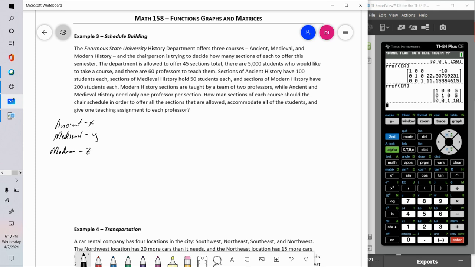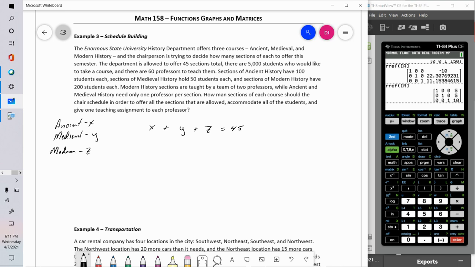The chairperson is trying to decide how many sections of each to offer this semester. The department is allowed to offer 45 sections total. That means the number of sections of ancient history plus the number of sections of medieval history plus the number of sections of modern history would need to equal 45 sections.